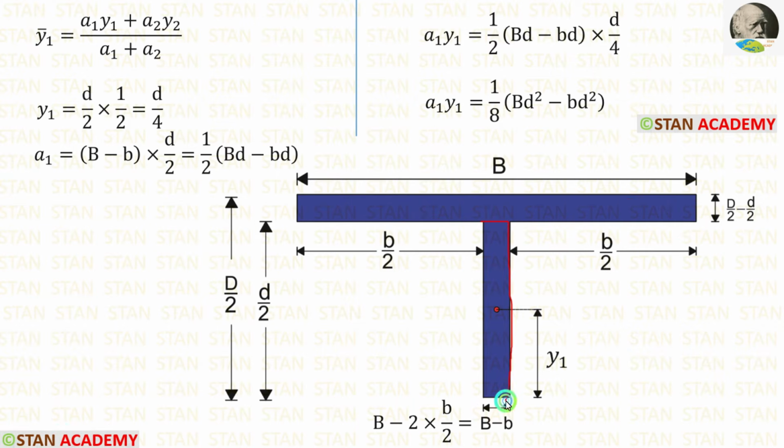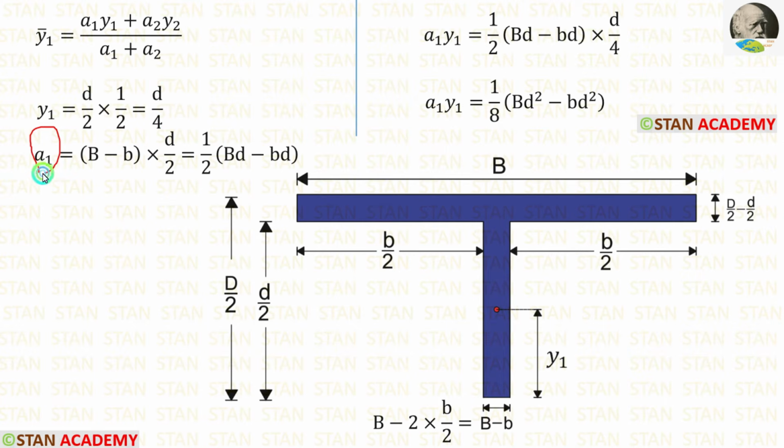This is our first part. In this part, we have to find the centroid. Since it is a rectangle, the centroid will be in the center. The distance between the centroid and the equal area axis will be d by 2 into 1 by 2. Finally, we are getting d by 4.